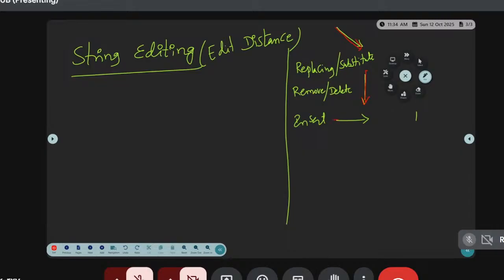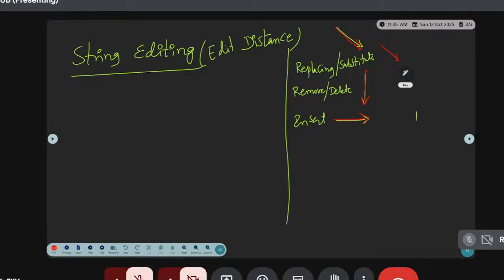For insert, the name followed by the symbol. Replace; remove or delete is a vertical arrow; insert is a slanting, sloping arrow. This is slanting. We should learn the sleeping line, standing line and slanting line.